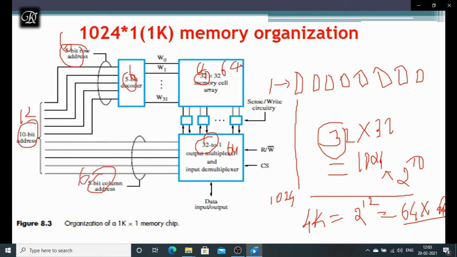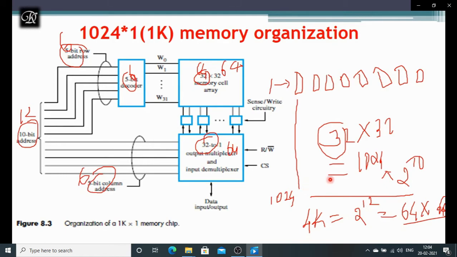See, if they are going to ask for a different configuration, first you have to decide how many address lines are required. If they ask, for example, 2K, 2K will be 2 to the power of 11, where you cannot go with a square matrix; you can go with a rectangular kind of matrix. So what we can do now is, the number of rows can be more, or the number of columns can be more.